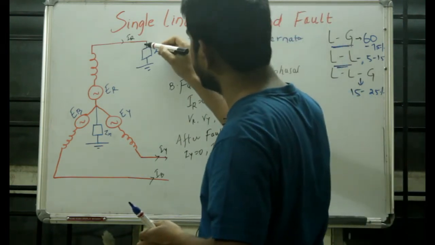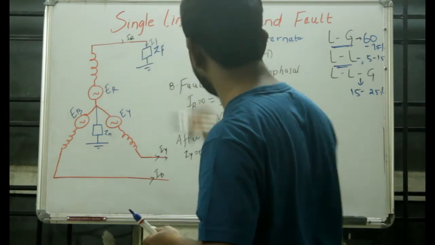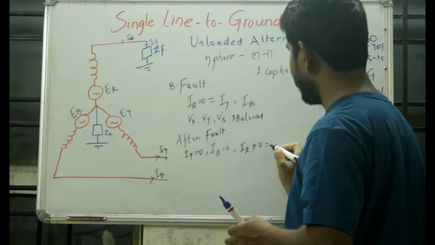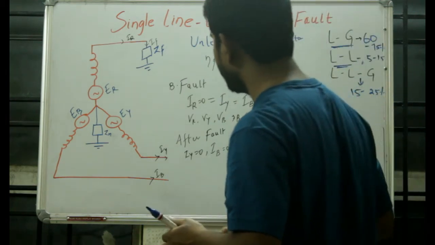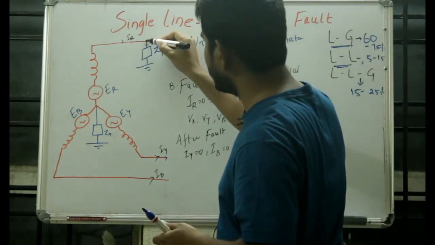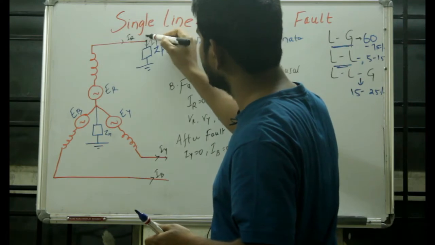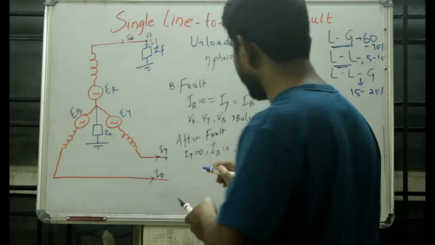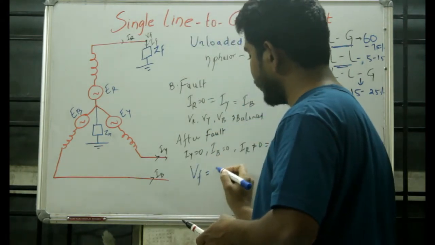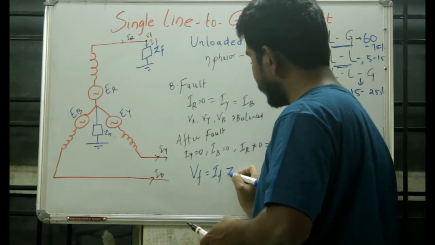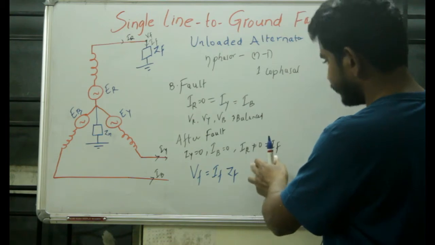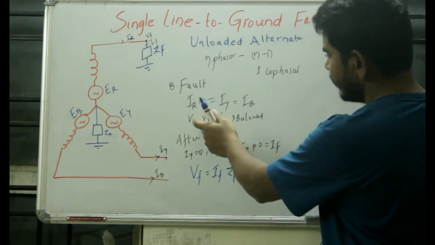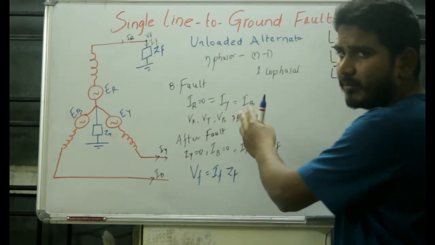Let us consider the fault current as IF, so IR is equal to IF. If the voltage at this point is VF, then VF is simply equal to IF into ZF. After fault, VR, VY and VB become unbalanced.